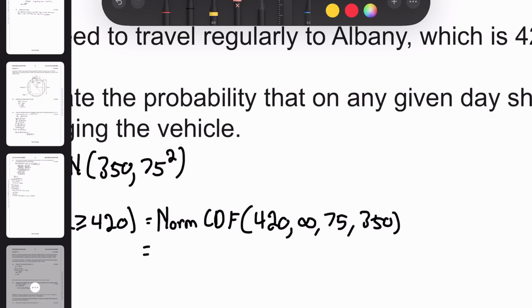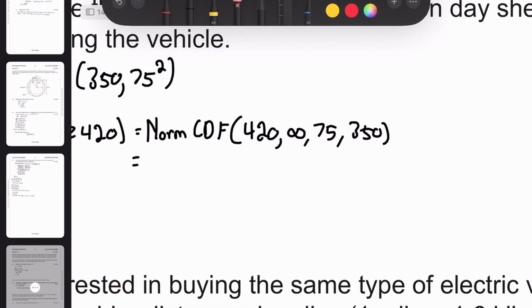So again, action, distribution, continuous, norm CDF, and I'm just going to copy down what I wrote. And this gives us 0.1753, which is the probability.